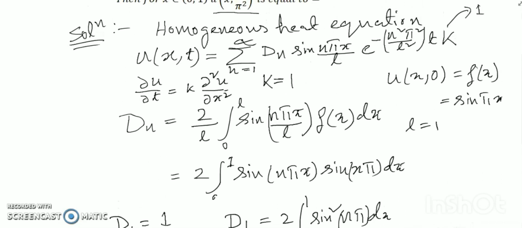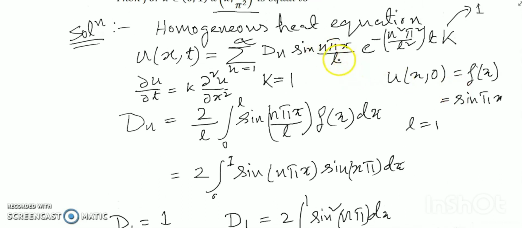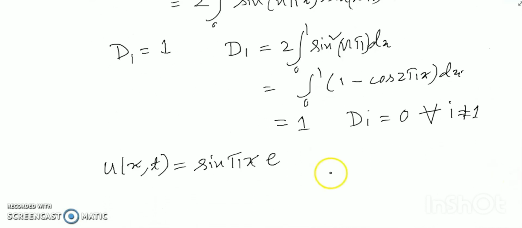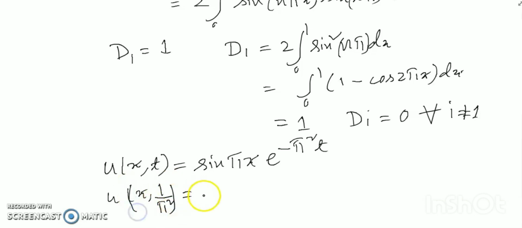My formula is sine pi x with n equals 1 and dn equals 1, e to the power minus pi square t. So u(x, 1 by pi square) equals sine pi x e to the power minus 1. So this is my answer.